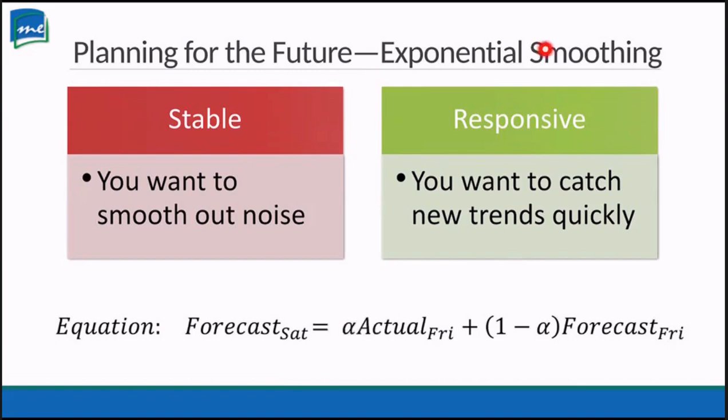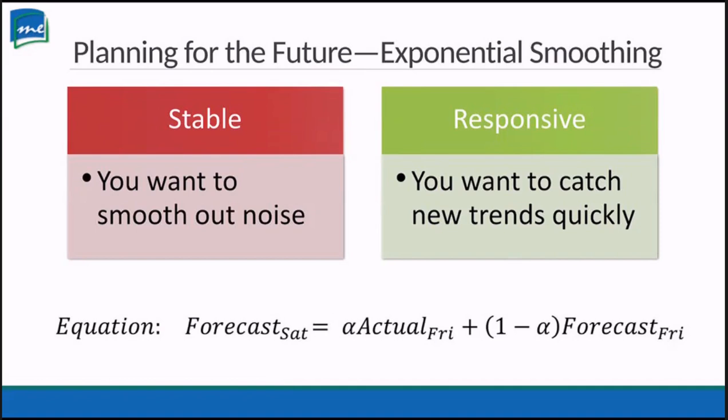Anyways, exponential smoothing helps you to obtain the forecast for the next time period while weighting your actual demand this period, the current period, and the forecast demand for the current period.